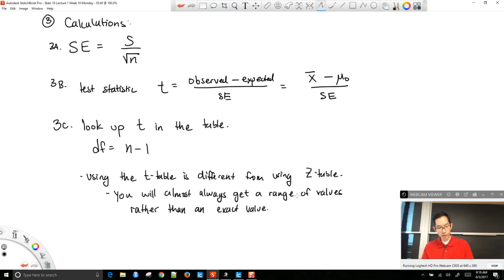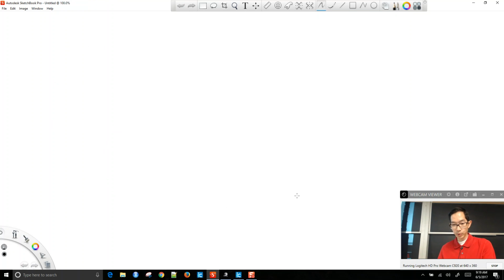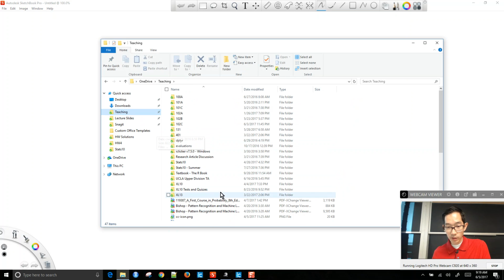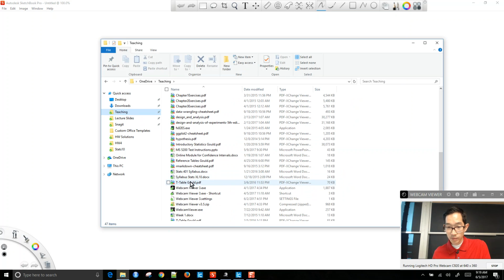Let me do one slide just on using the T table. If you have your T table with you, go ahead and pull that out, and let me find my T table over here.